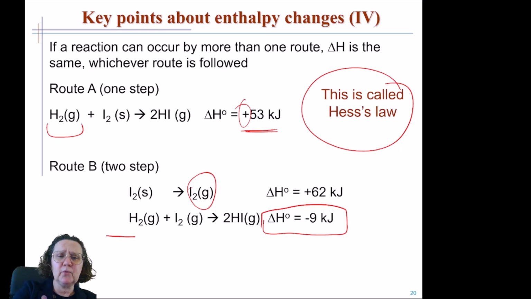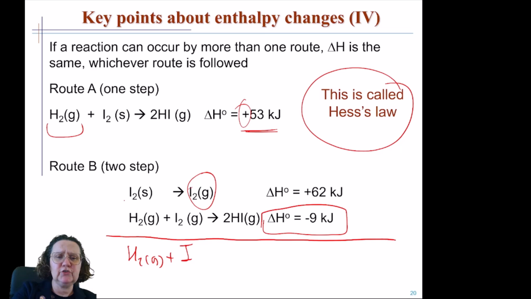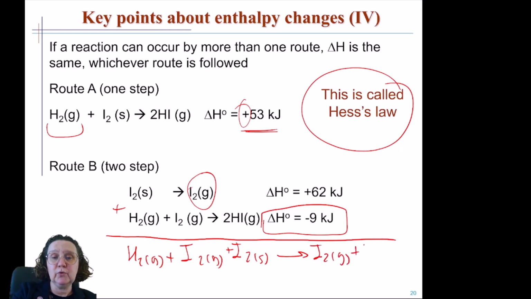So when you add up all these, you have hydrogen in gas form plus iodine in gas form plus iodine in solid form. That gives you iodine in gas form and 2 moles of hydrogen iodide in gas form.